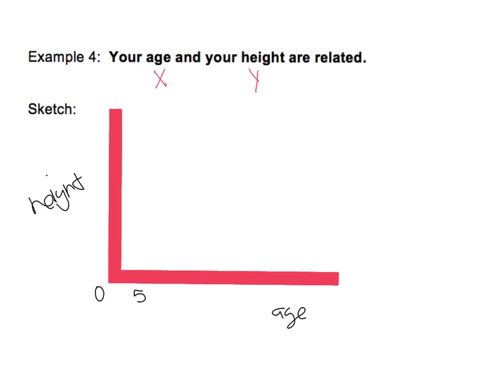Why not stick with my 5s? 5, 10, 15, 20, 25, 30, dot, dot, dot, and let's say we get to 80, right? Imaginary. Height, yes, you got your, let's say 3 foot, 5 foot, 6 foot, 7 foot, okay? Type of situation. So notice I'm just making this up, okay?